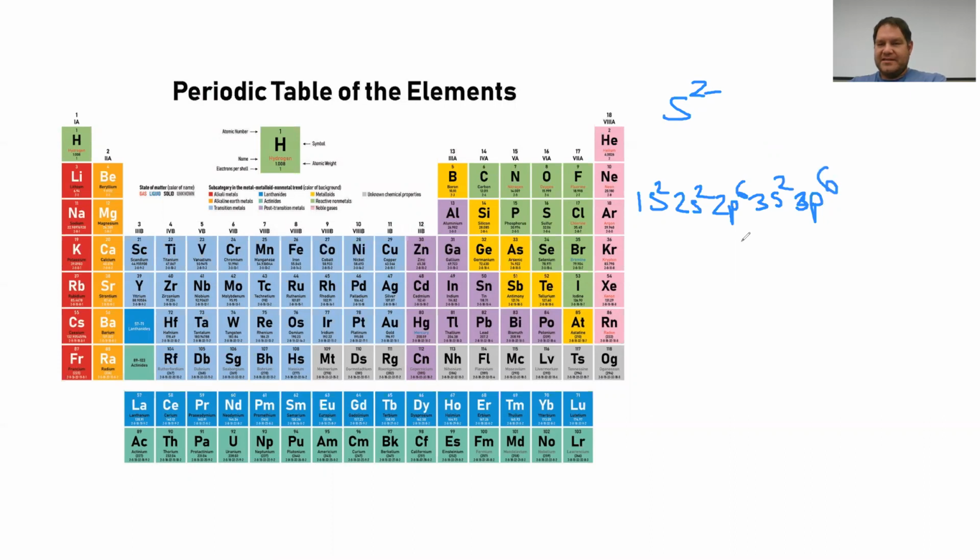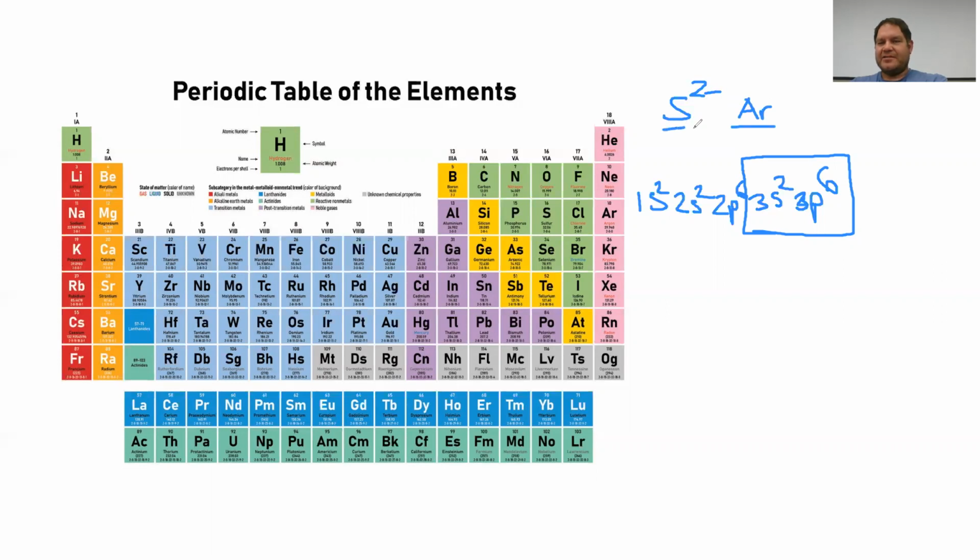So that means I have a valence shell of 3s2, 3p6. Now, I have an electron configuration that is exactly the same as argon. So sulfide, or sulfur 2 minus, has the same electron configuration as argon, okay?